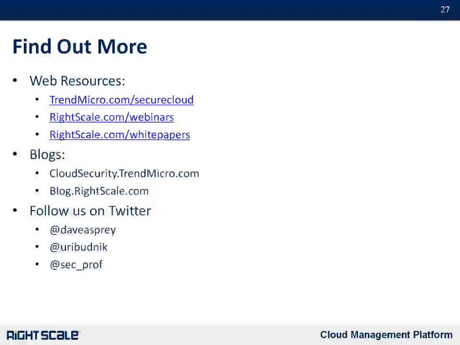Phil, we got a question here. Let me read the question so you can answer. RightScale holds customers' EC2 keys, which opens up some security holes, and I think they're talking about that in the general sense. I would call it more weaknesses, but anyway, what are your future plans to correct that issue? I think we can address that head on, Phil.